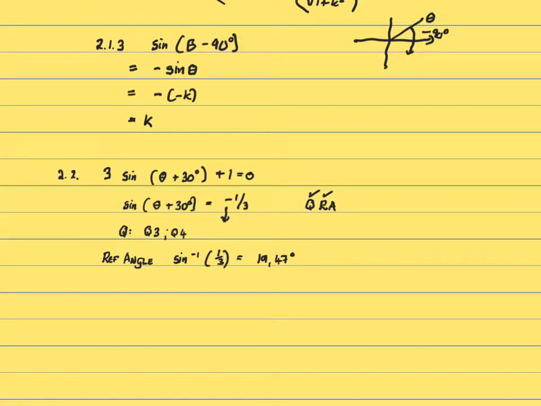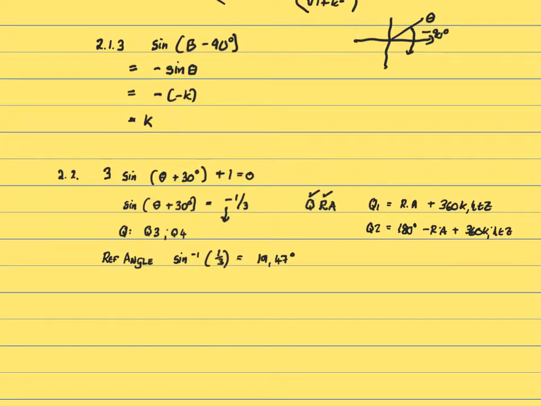So now I've done my Q and I've done my R. Now I've got to build what's called my arguments. If it was in quadrant 1, it would be my reference angle plus 360k, where k is an element of integers. That's for sine and cos; if it was tan, it would be 180. In quadrant 2, it will be 180 degrees minus my reference angle plus 360k, where k is an element of integers.